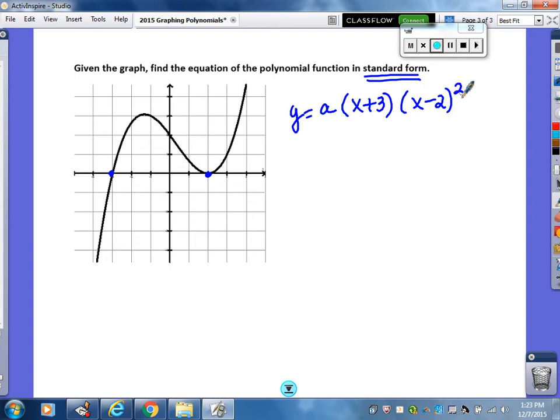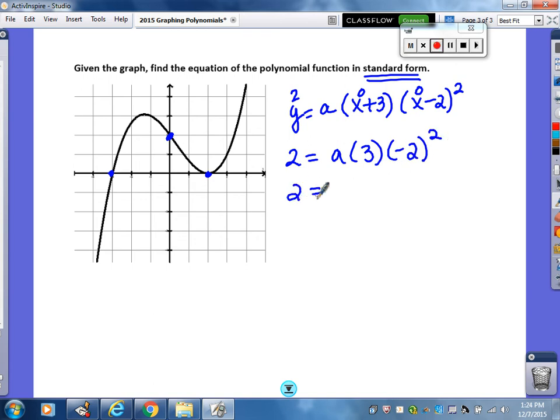So you want to put it in intercept form first. Now we're going to find a. You need some other point on your graph that's not a zero. Alright, so I'm going to use the point (0, 2). In the place of my y, I'm going to put 2, and in place of my x's, I'm going to put zeros. And I'm going to solve for a. So 2 is equal to a times 3 times -2 squared.